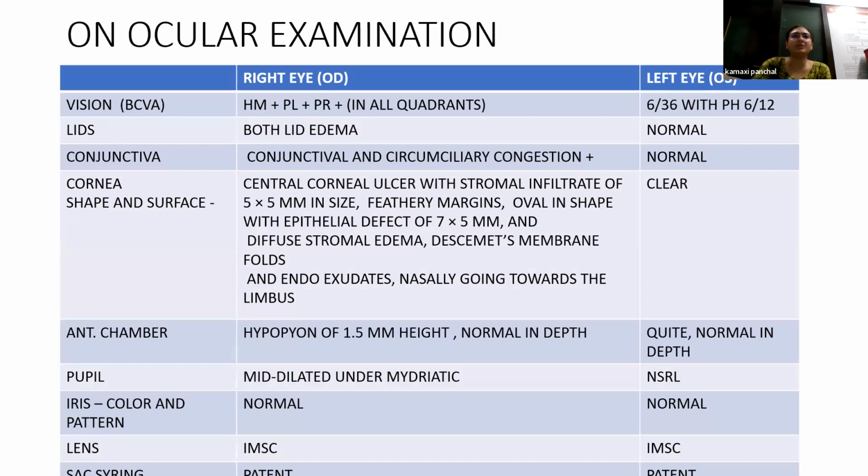On ocular examination, best corrected visual acuity of the right eye was hand movements and PLPR positive in all 4 quadrants, with lids showing edema.